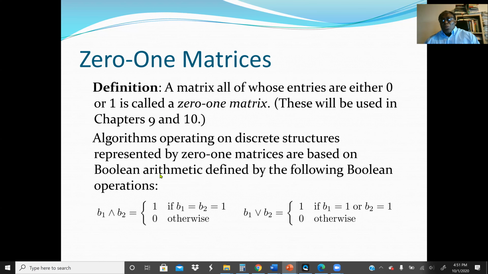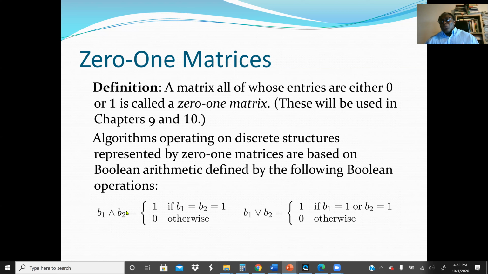The algorithms operating on discrete structures represented by 0, 1 matrices are also based on Boolean arithmetic defined by Boolean operations, which we cover in chapter 12. For example, we know this operator is conjunction, or product. B1 conjunction B2 is equal to 1 only if B1 is 1 and B2 also is 1.